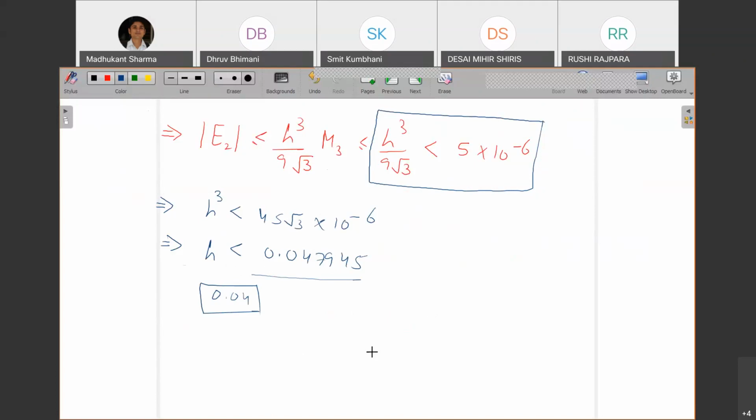So similarly, you can go for the error in linear interpolation to be less than 5 into 10 to the power minus 6.